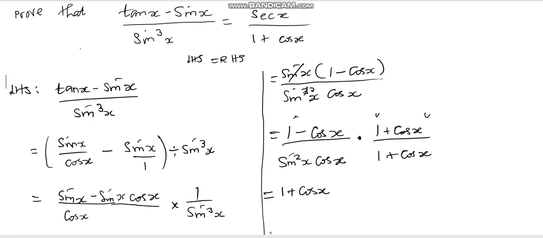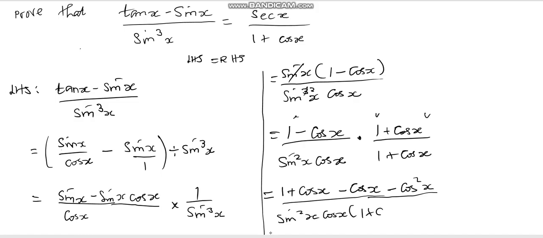Then negative cos x multiplied by 1 is negative cos x. Then negative cos x multiplied by positive cos x is negative cos squared x, divided by sin squared x cos x, open brackets, 1 plus cos x.